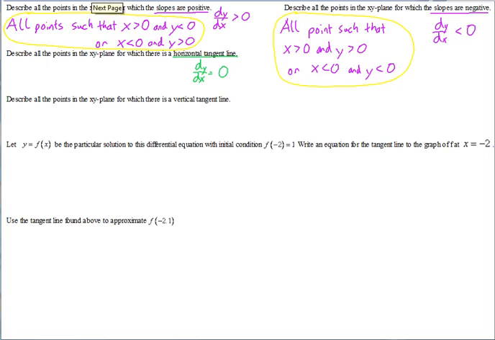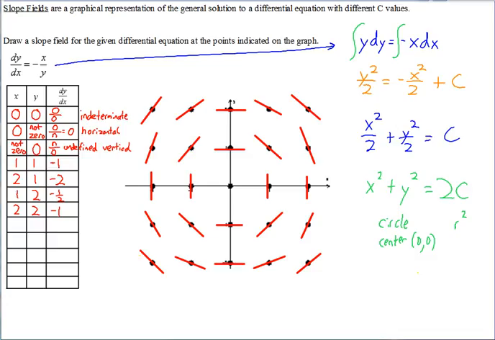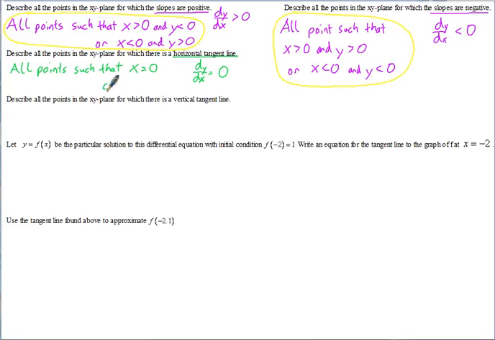So start with all points such that the numerator, which is x, equals 0. However, there's one more thing we have to say. It was true unless the denominator was 0. Then we got that indeterminate. All these points are equal to 0 except for that one. So we want to make sure the denominator is not 0. So all points with x equals 0 and y is not equal to 0.